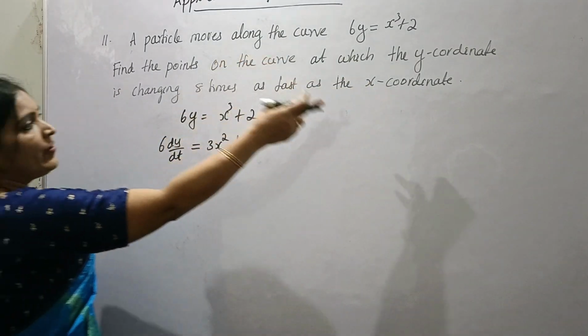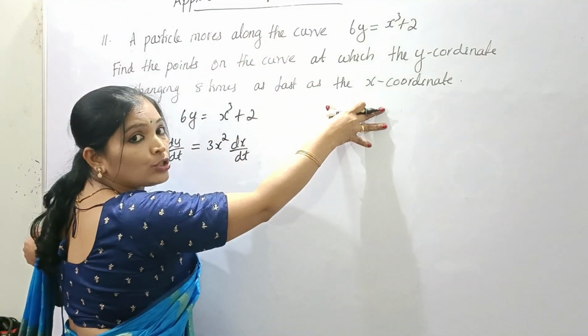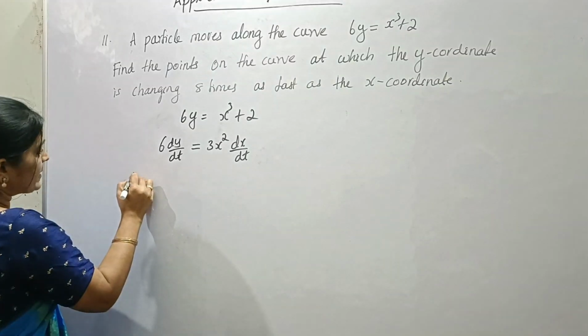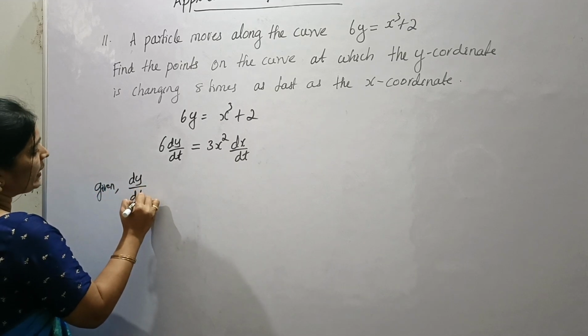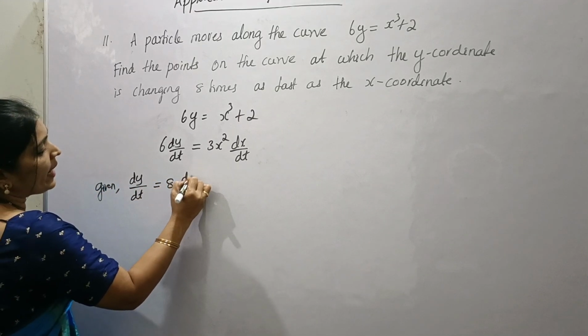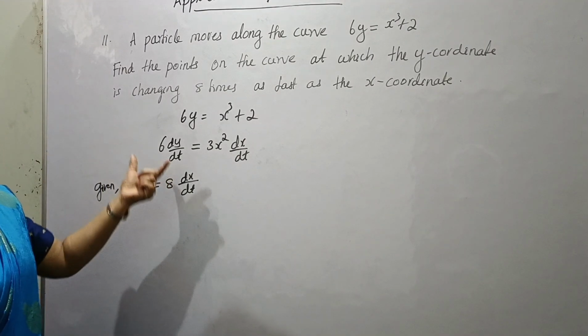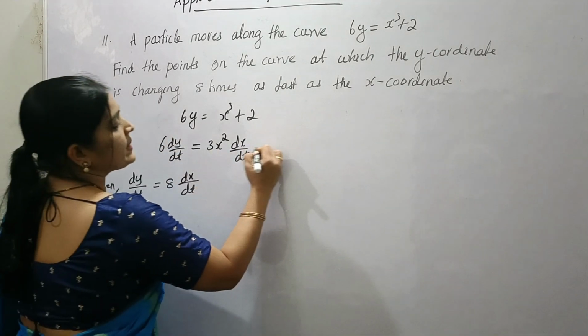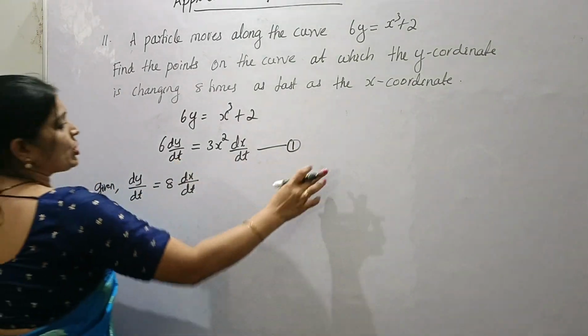The rate of change of y with respect to t is 8 times the rate of change of x with respect to t. Let's consider this as equation 1.